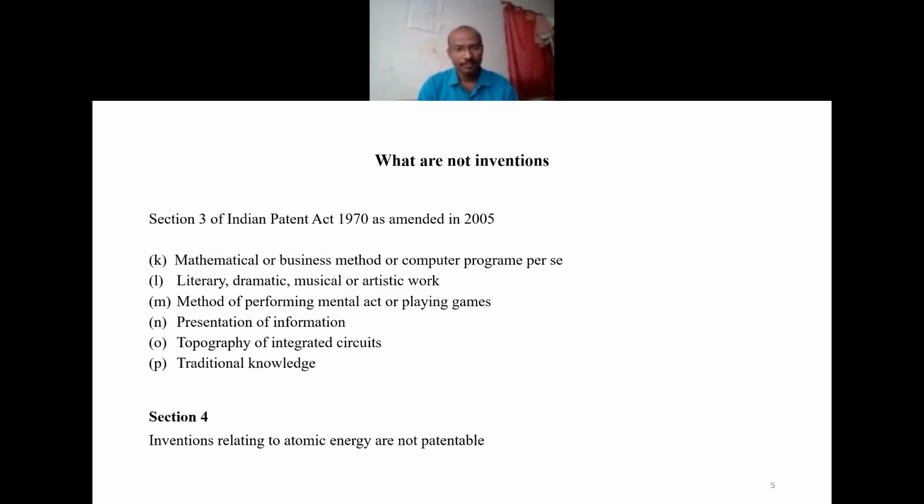Presentation of information as such is not patentable. Topography of integrated circuits is not patentable, and the traditional knowledge being known is not patentable. So section 4 is specifically related to atomic energy. So inventions relating to atomic energy are not patentable.